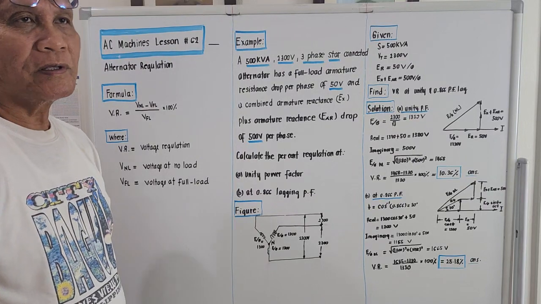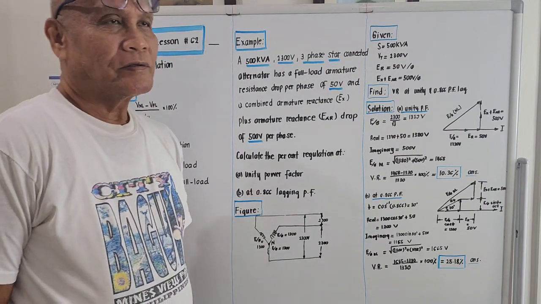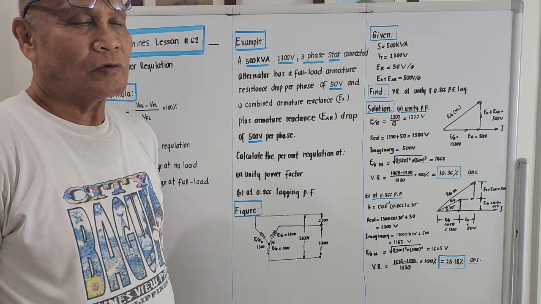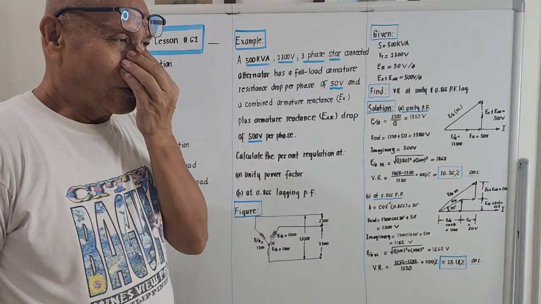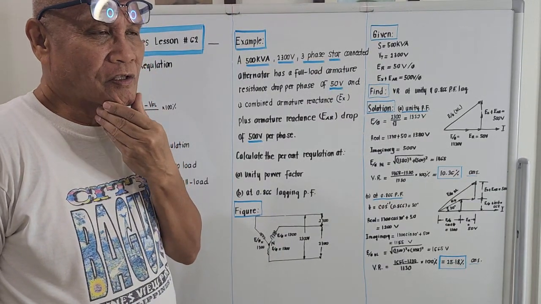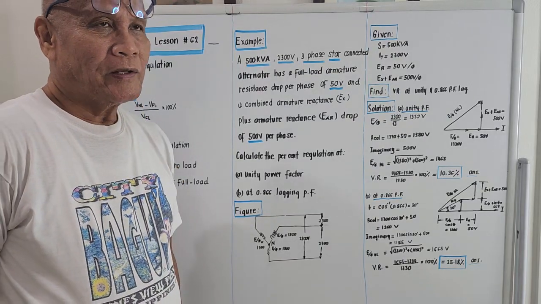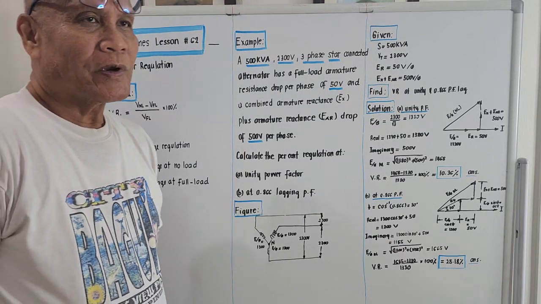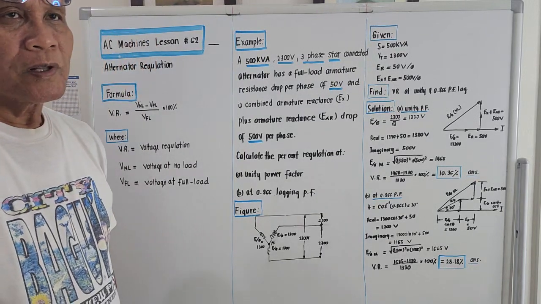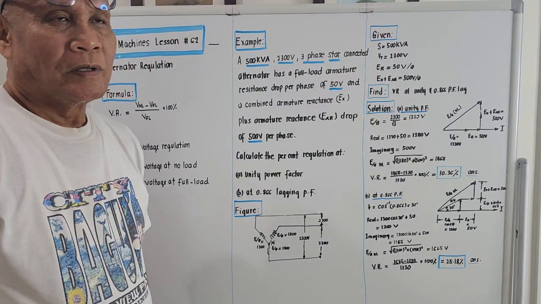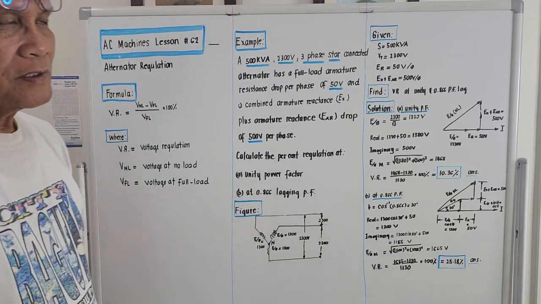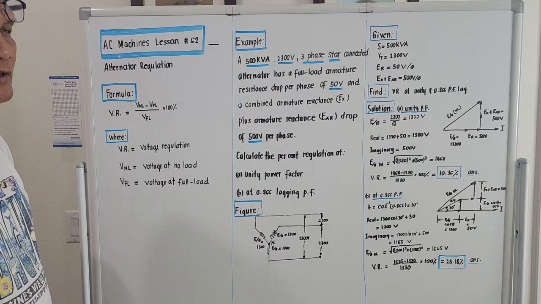It refers to the voltage generated by the alternator. Could it maintain a stable generated voltage for any type of loading condition? Let's try to bring out the formula on how to compute the voltage regulation, or how efficient the alternator could generate a stable voltage.